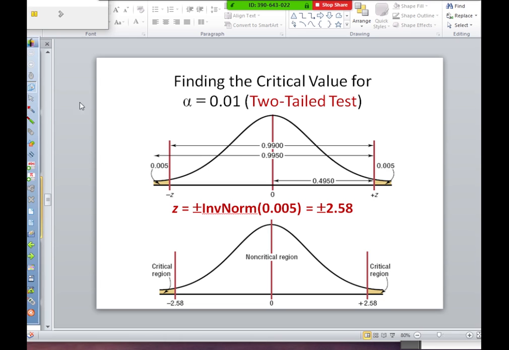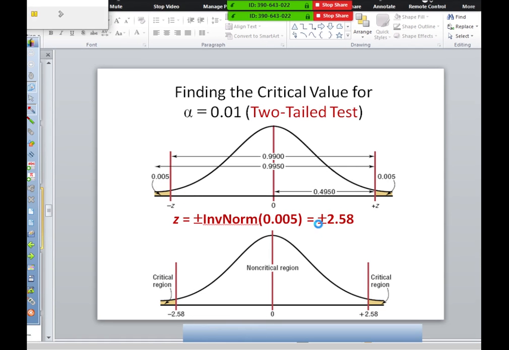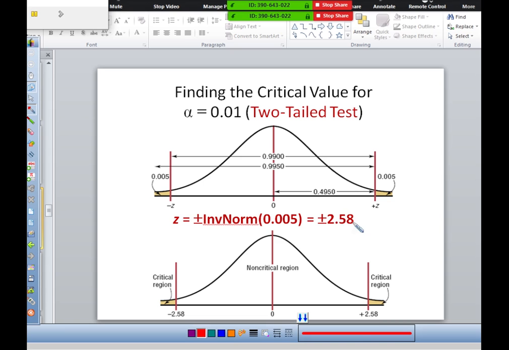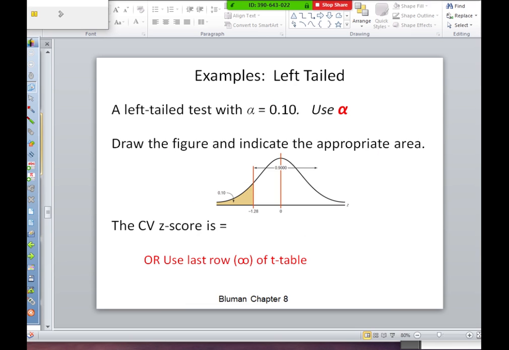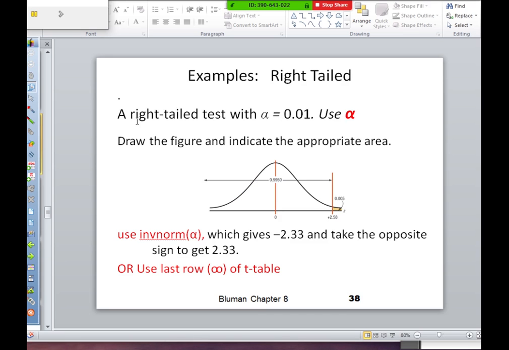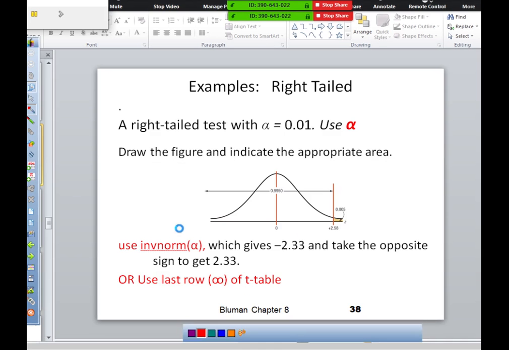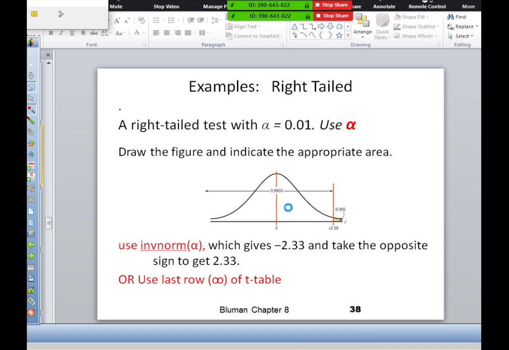Okay. So for example, if you're talking about a two-tailed test, you look it up and you get 2.575, just round it to 2 decimal places, make it positive, negative. When you have a right-tailed test, you're just going to look it up in the t-table, and you're going to get 2.33.